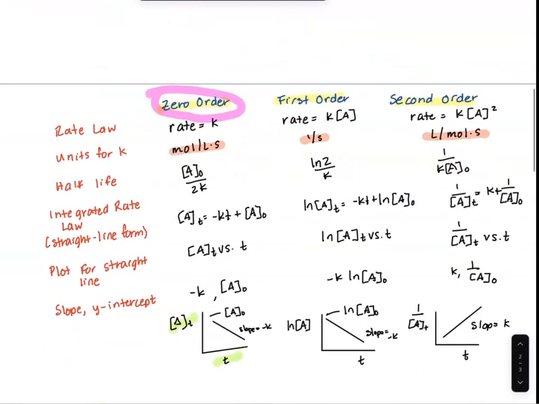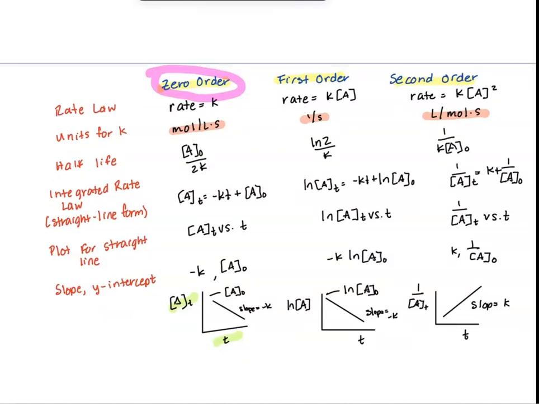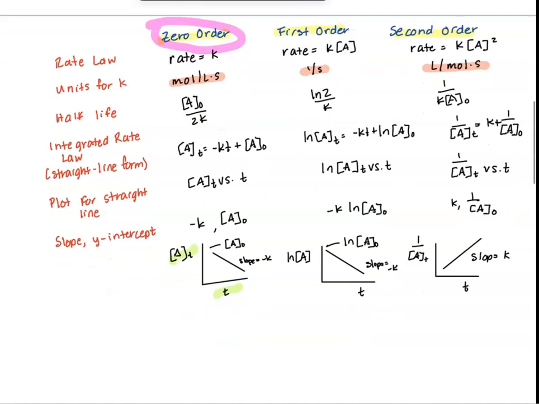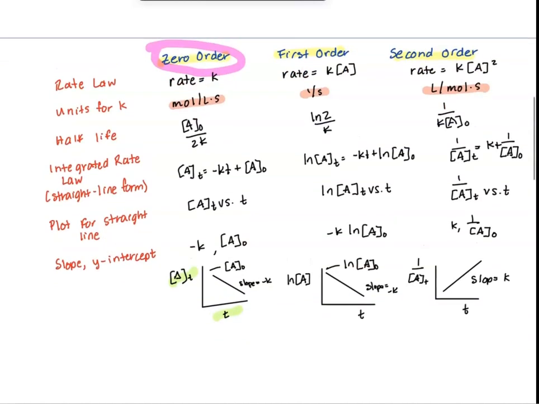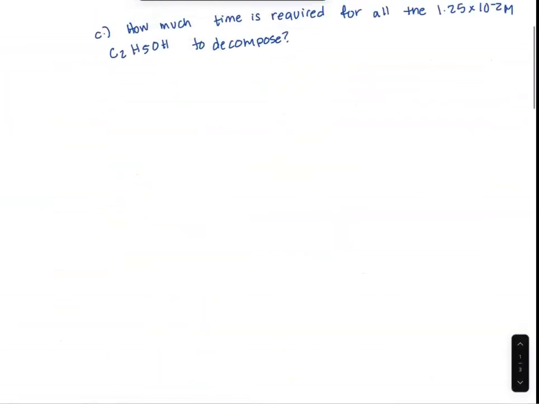We can verify by looking here. Our integrated rate law states that for our slope and our y-intercept, we have a negative slope and we have an A naught. So we're just grabbing the information from here.